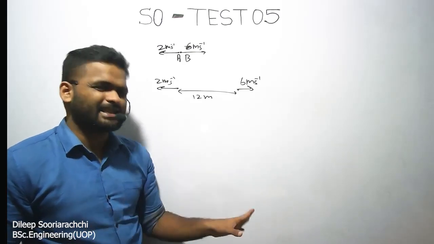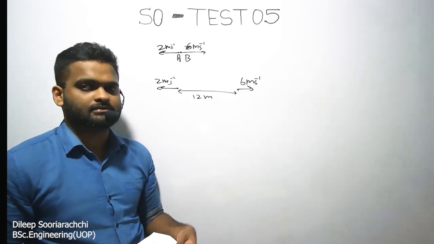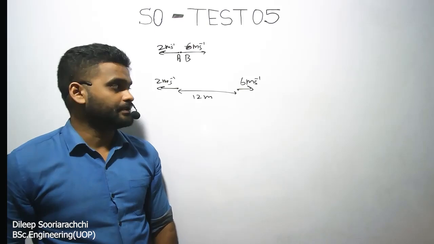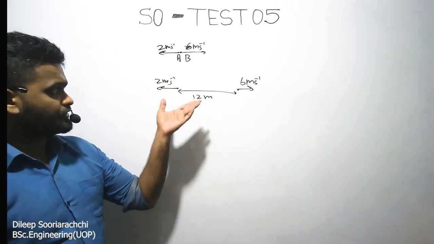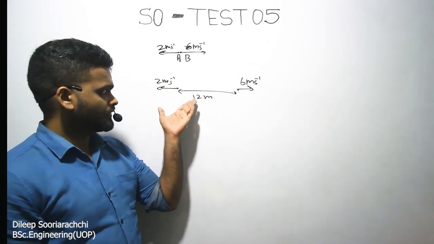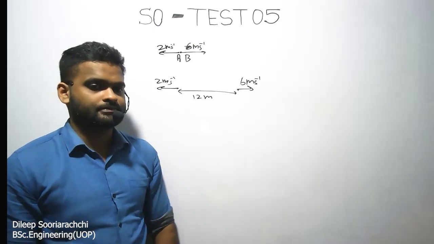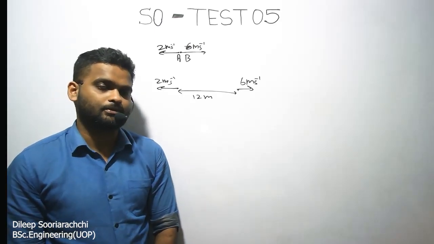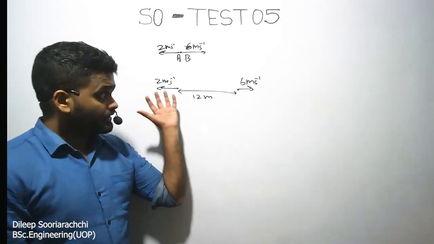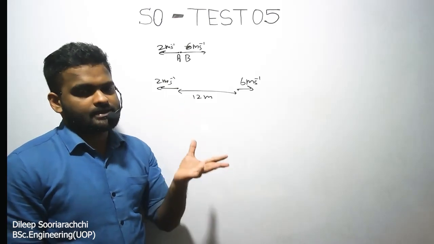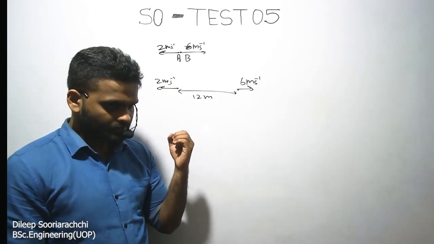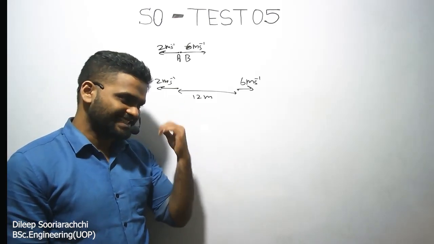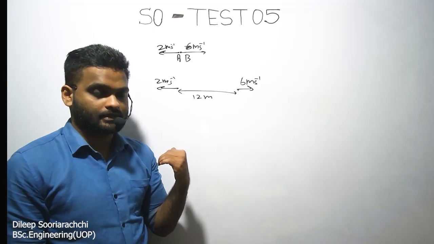Actually, the answer should be 12 divided by 8. That is 3 over 2, 1.5 seconds. Just looking at the question, you can say the answer. But you need to understand the concepts behind this, right?